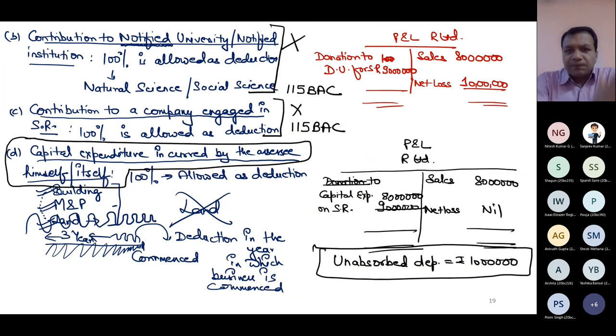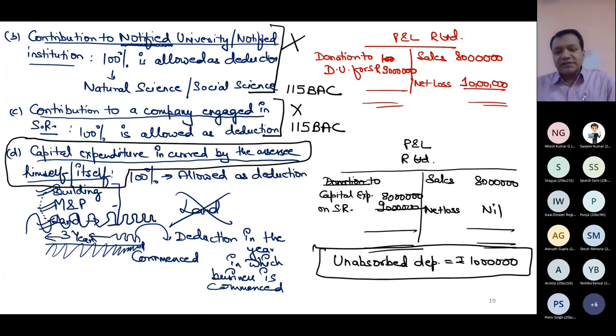So till today, what are the points we have discussed? What are those expenses which are not allowed as deduction when I opt to pay tax under optional taxation scheme? Additional depreciation is not allowed if I opt to pay tax under optional taxation scheme. Contribution to notified university or institution for scientific research not allowed.